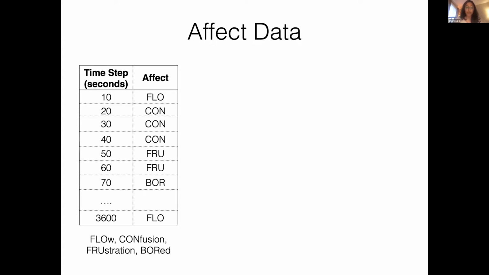Affect data collection in an authentic setting like a classroom typically involves direct observation by culturally sensitive trained coders. The output of such an observation is usually temporally sequenced codes representing field observations of student affect.